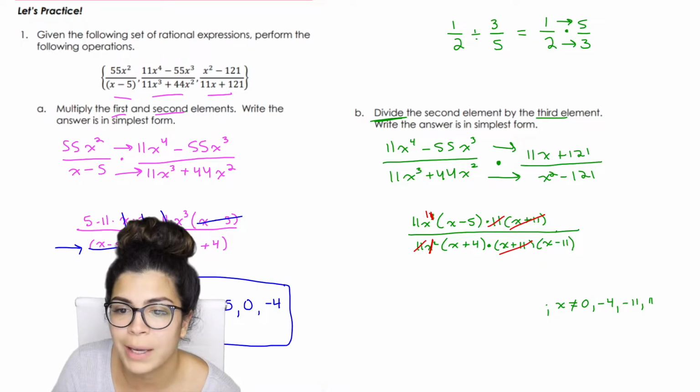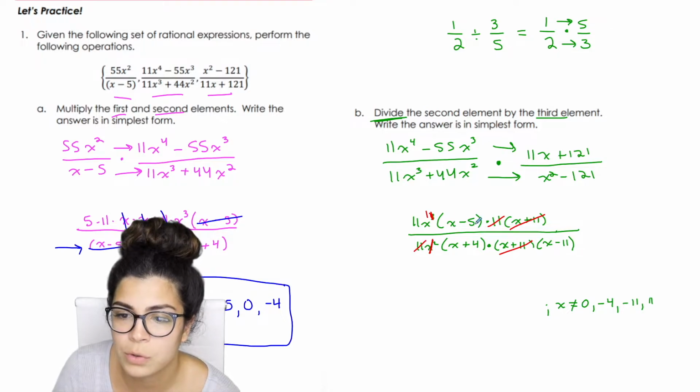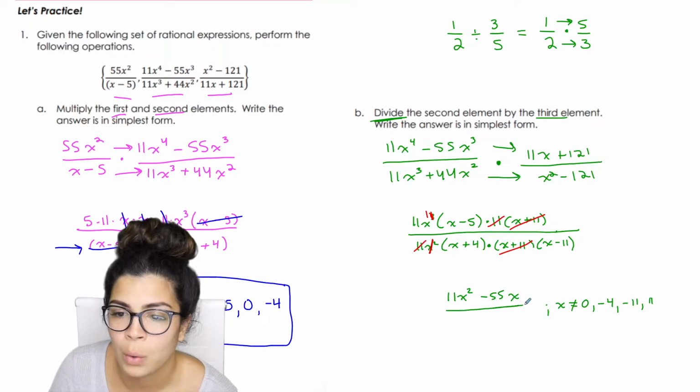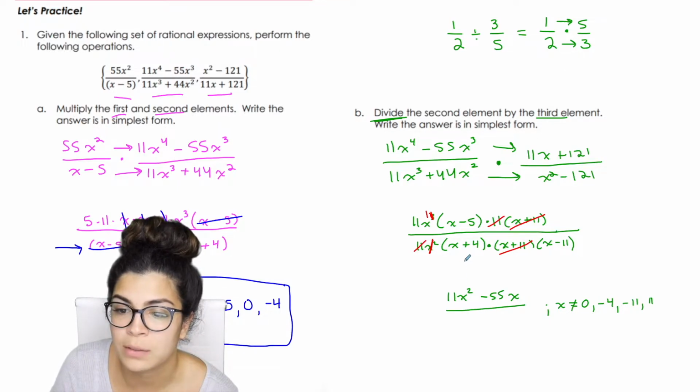So in the numerator, we have 11x times x minus 5, so we end up with 11x squared minus 55x. And in the denominator, we just have x plus 4 times x minus 11.